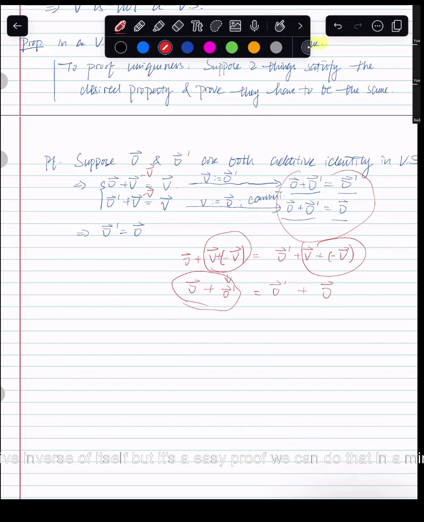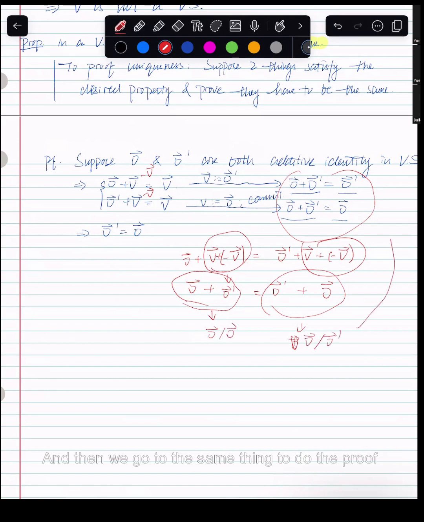Of course it's true, but it's an easy proof, we can do that in a minute. But then we would have this further reduced to a 0, or we can have this further reduced to another 0 or 0 prime. And then we go to the same thing to do the proof.